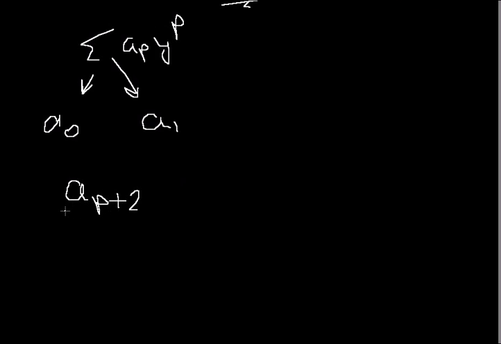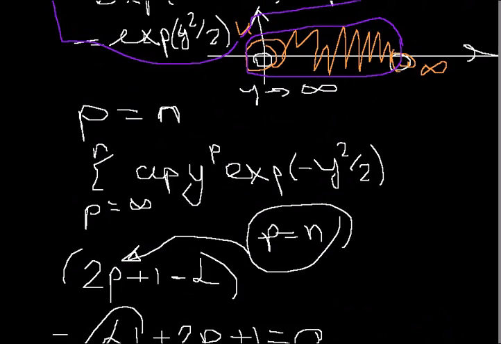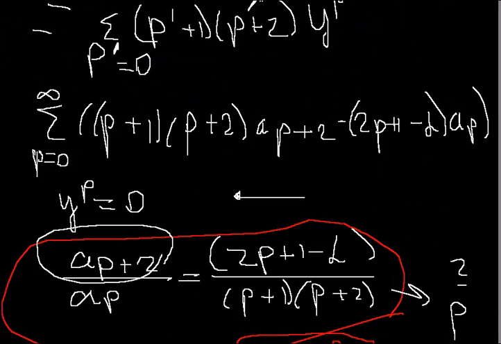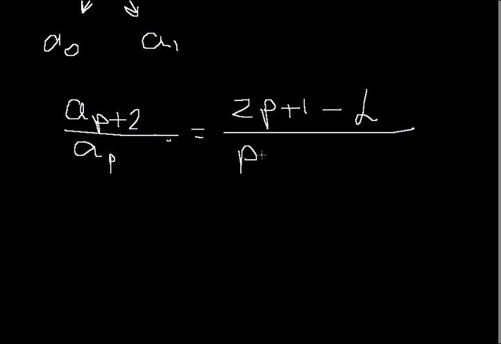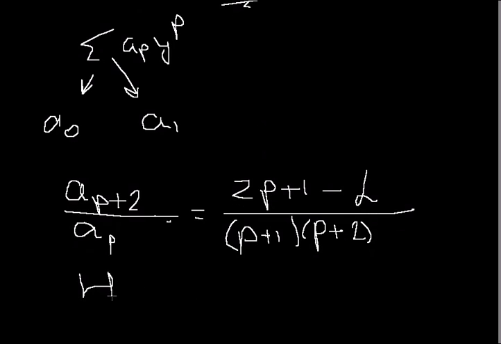Let's rewrite the relation that connects the coefficients of the sum. Again, it's equal to a_{p+2} equals (2p plus 1 minus alpha) divided by (p plus 1)(p plus 2) times a_p, and find the first Hermitian function that equals this sum.